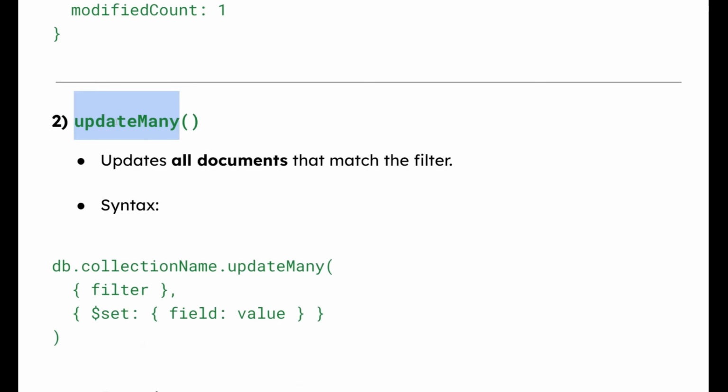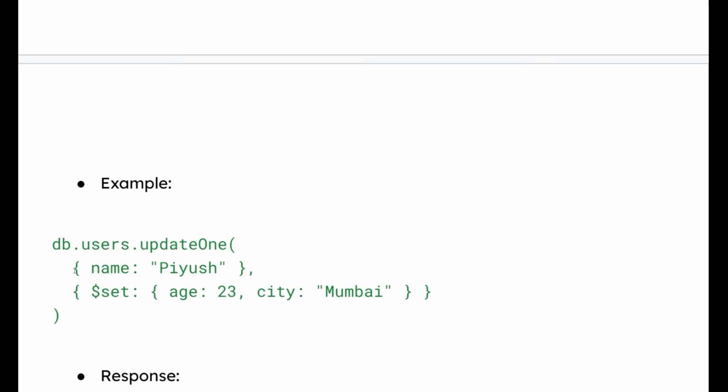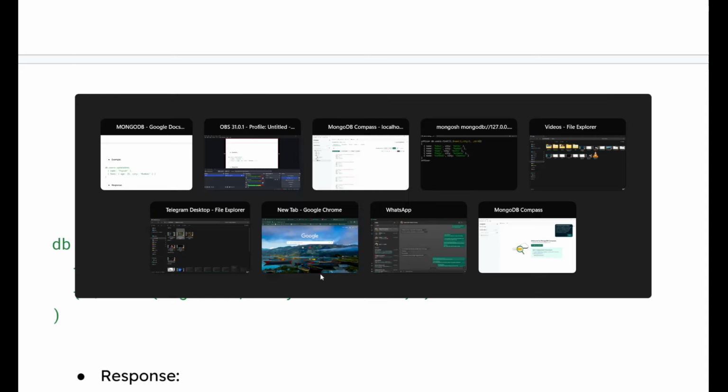Now, what is the difference between updateOne and updateMany? Let me tell you. When you put this name Piyush condition, there could be a lot of documents where the name is Piyush. So which document will be updated in the case of updateOne? Only one, the one which comes first. Let me give you an example.